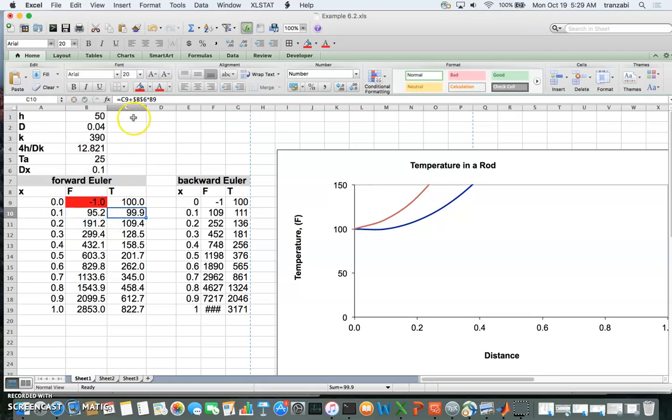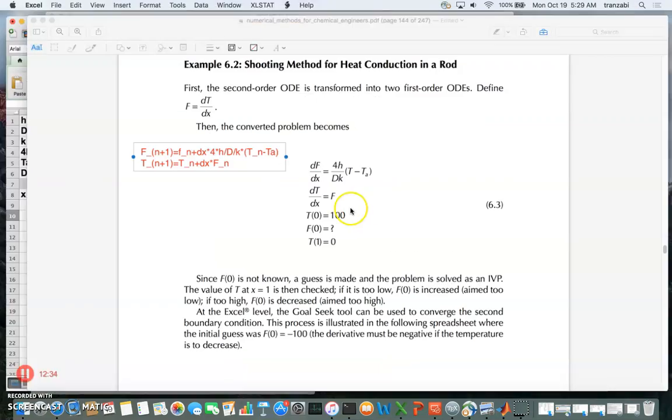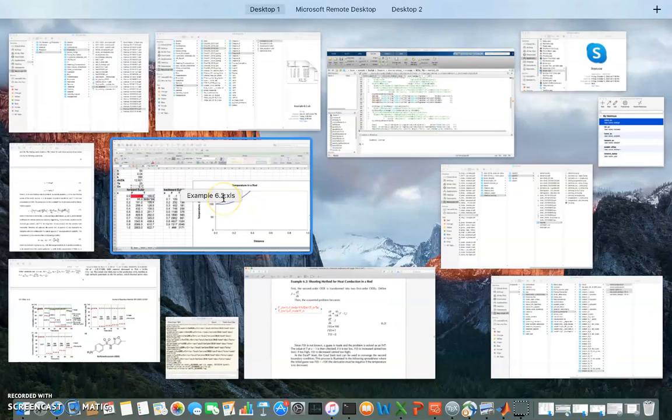And then the equation for T is going to be the current T, the blue cell, plus dx, which is the green cell, times f, right? So let's go back and look at the equation one more time. So Tn plus 1 is Tn plus dx times Fn.